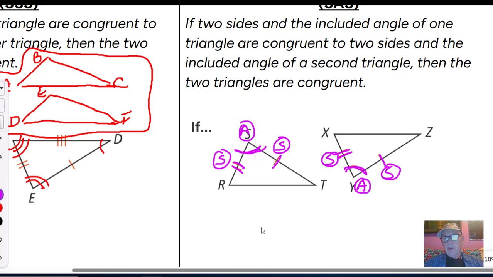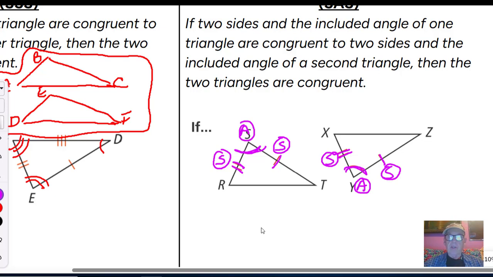If this triangle had a different pattern than SAS, like SSA, or something like that, they would not be congruent by SAS. But the SAS pattern needs to be seen in both triangles, and that's enough for us to say that all of these parts of the triangles are congruent.